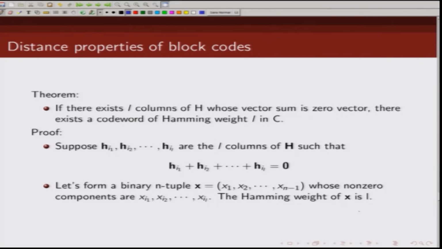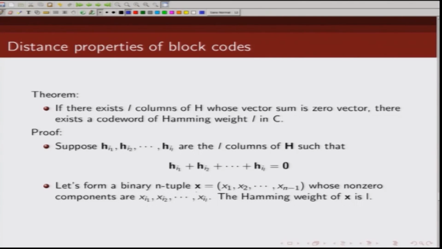Now, we want to show that if there exist L columns of this parity check matrix H whose vector sum is 0, then there exists a code word whose Hamming weight is L. So, next we are going to show that if this condition happens and there is an n-tuple whose Hamming weight is L, then this x has to be a code word.